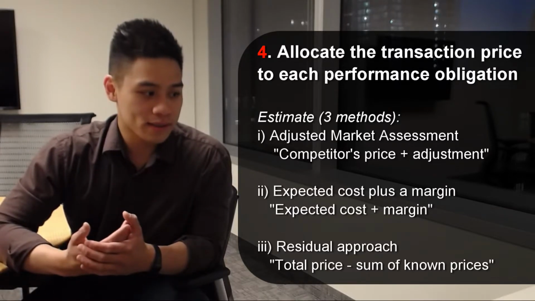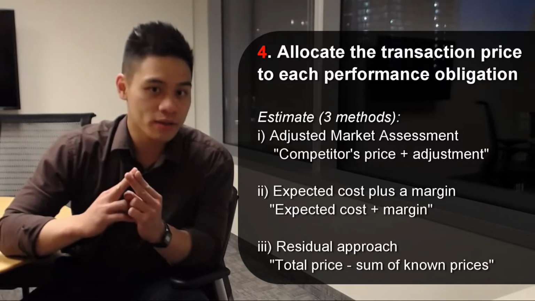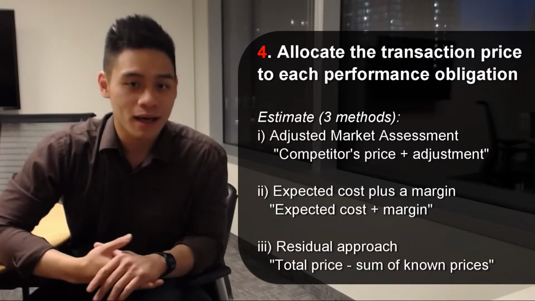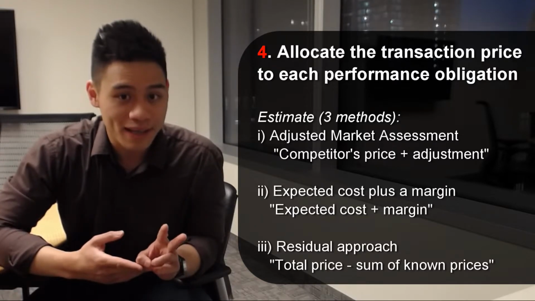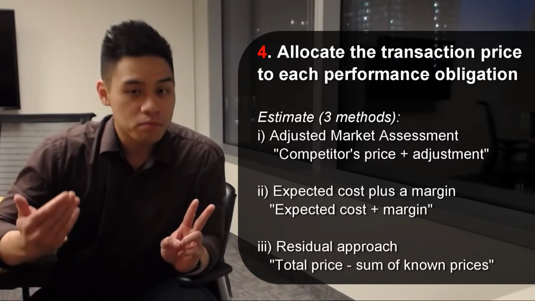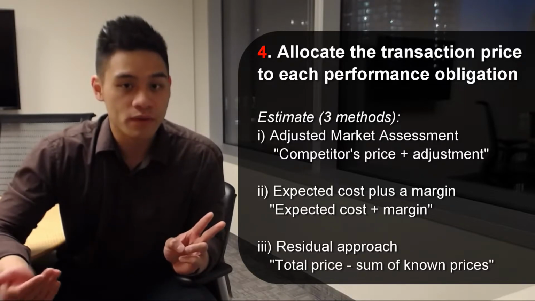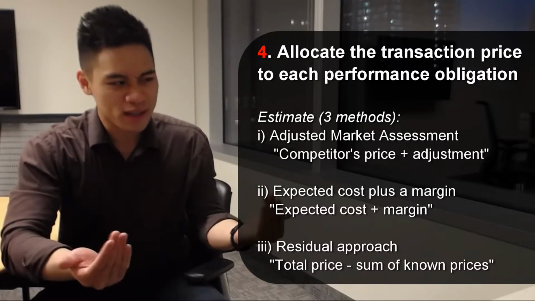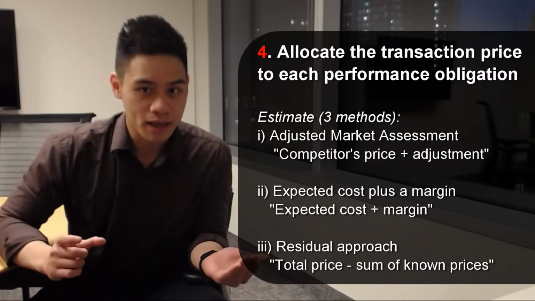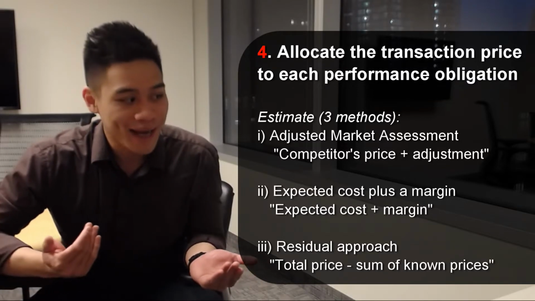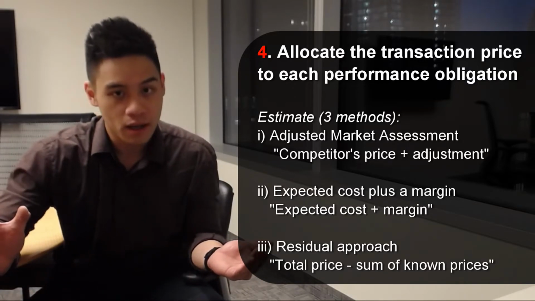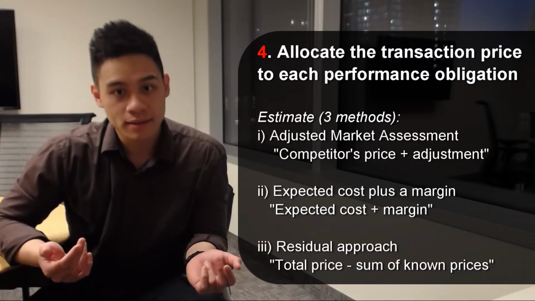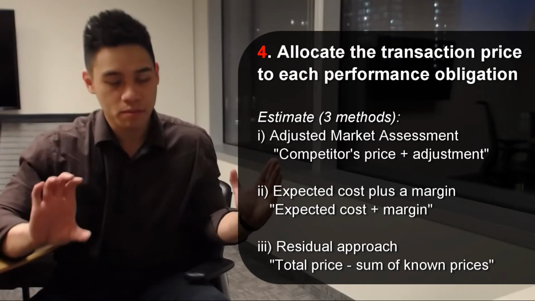So we compare to, let's say, a competitor's price, and then we adjust it accordingly. The second method is the expected cost plus a margin approach. For this one, we're forecasting the expected cost of satisfying the performance obligation, and then we're adding an appropriate margin for that good and service. So it's expected cost plus a margin.